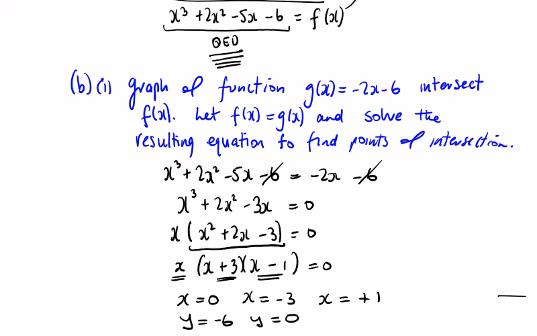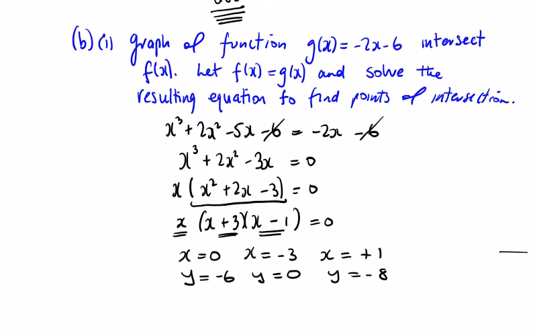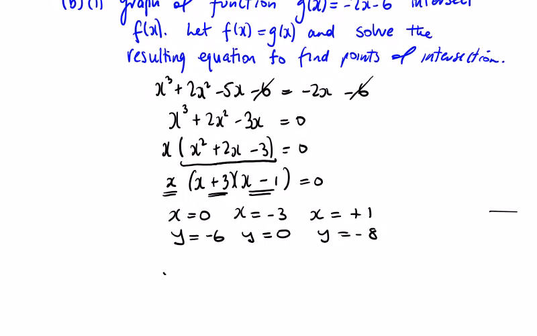And when x is equal to 1, I'm going to get 1 plus 2, minus 5, minus 6, I'm going to get minus 8. And I think it's good maths. We're asked the points of intersection. Write these out as points: (0, minus 6), (minus 3, 0), and (1, minus 8).